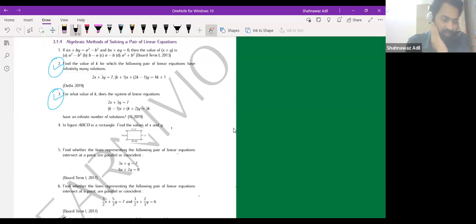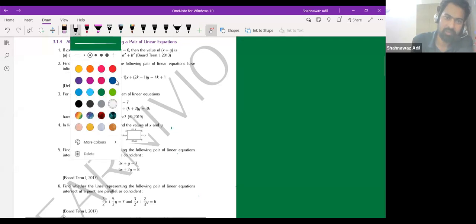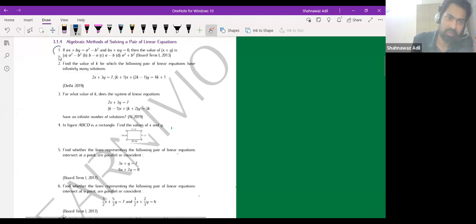But for the revision part, Hashid, you are also right. Okay, solve this first question, everyone. And for Aisha, this is the first time that you are doing the revision class, right?